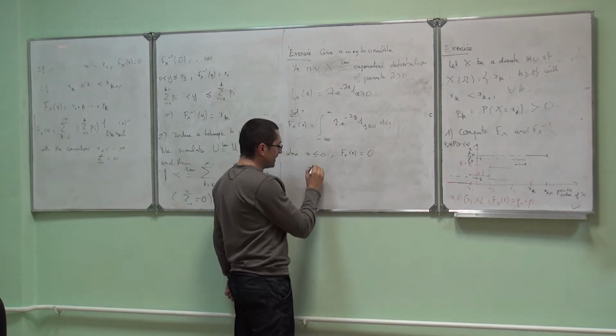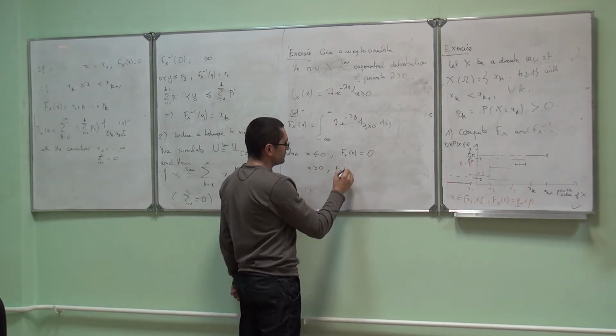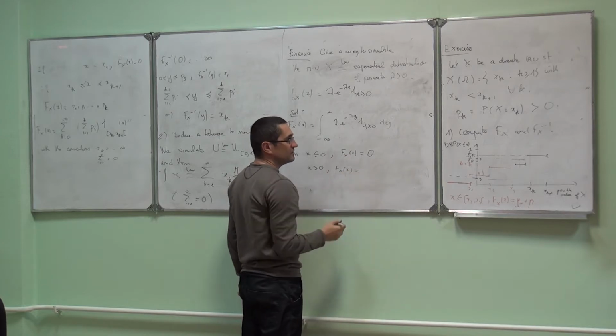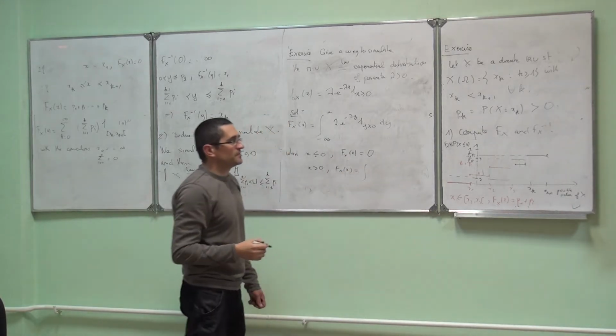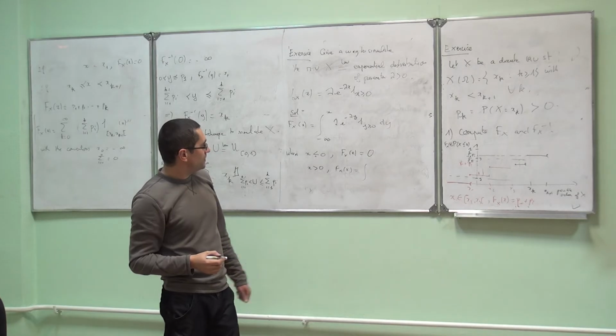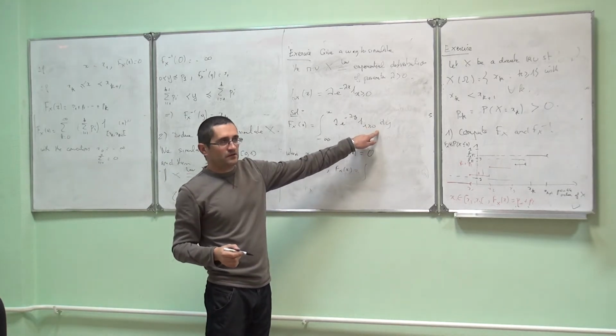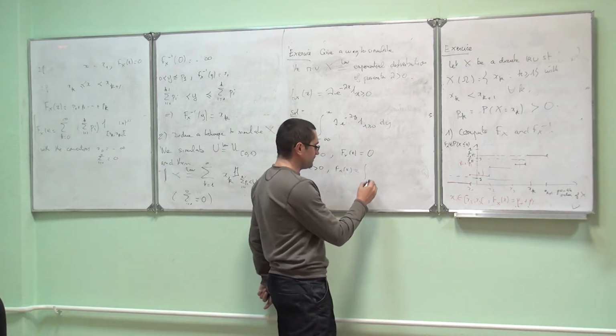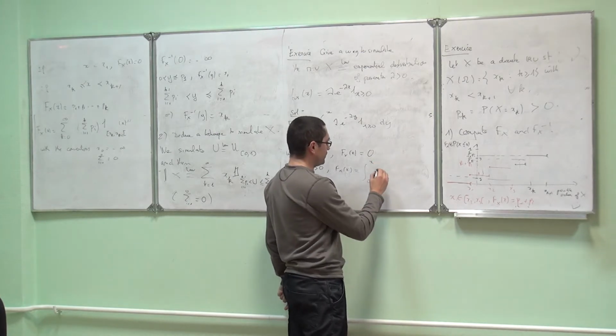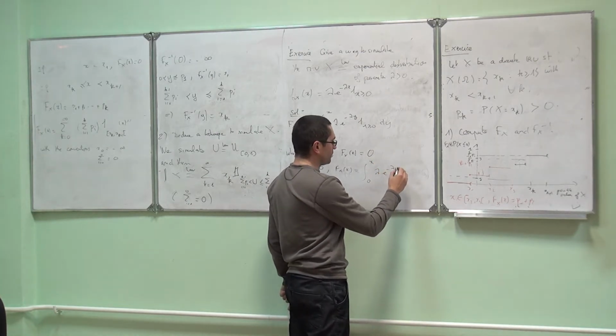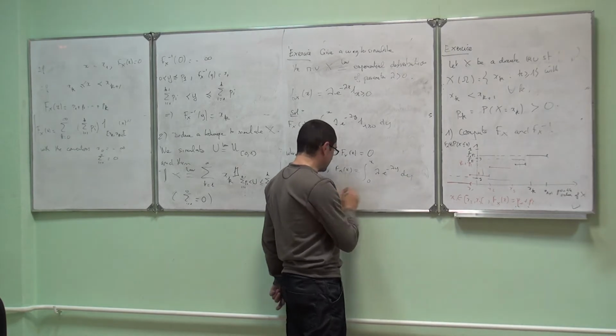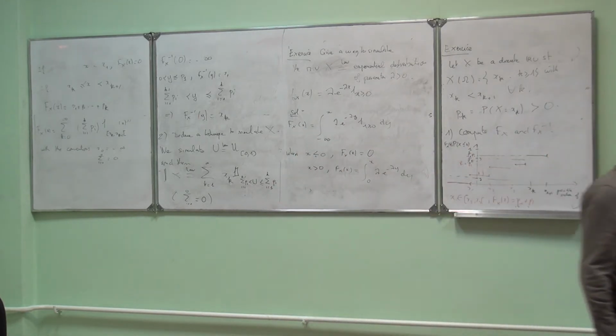Otherwise, if x is positive, we can simplify this expression as the integral from y positive to x of lambda exponential minus lambda y dy, and you can explicitly compute this integral.